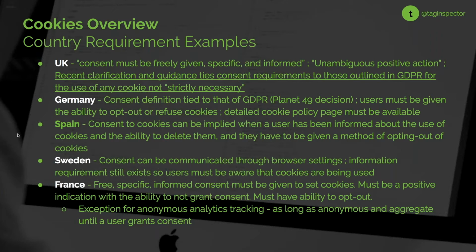Germany has a very similar requirement to the UK, following what many of you may have seen or heard about, the Planet 49 decision, where it really tied the definition of consent for the placement and use of cookies to that as defined under GDPR, which again is that unambiguous positive action as well as an ability to opt out.